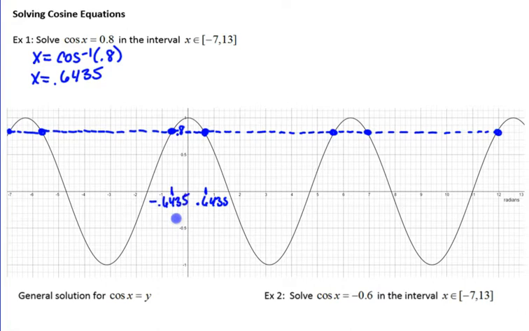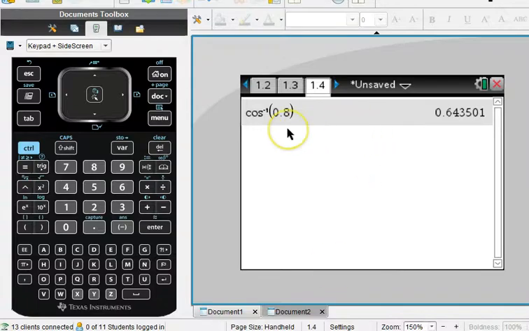To double check that, I'm going to go back to my calculator. When I say inverse cosine of 0.8 is equal to this number, that should mean that the cosine of this number is equal to 0.8. So if I put in cosine and go up and grab this number here, that should equal 0.8, which it does. Now let's try doing cosine of the opposite of that number.